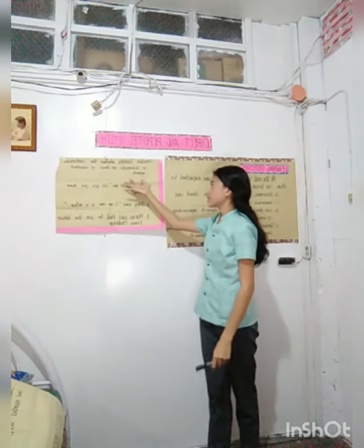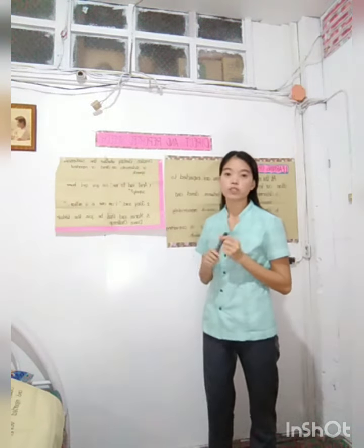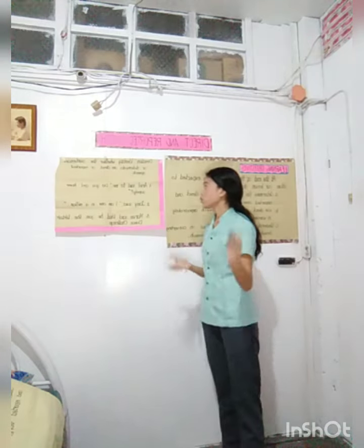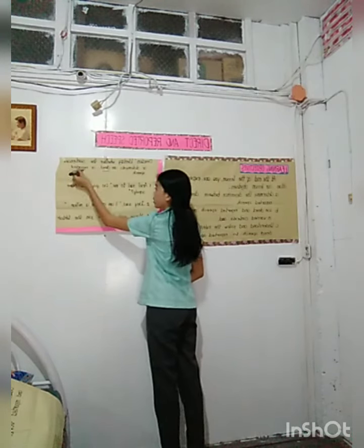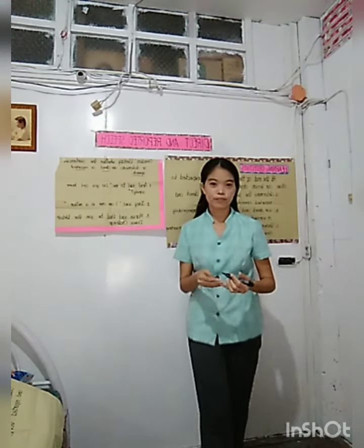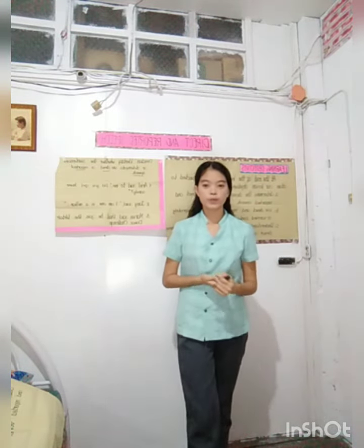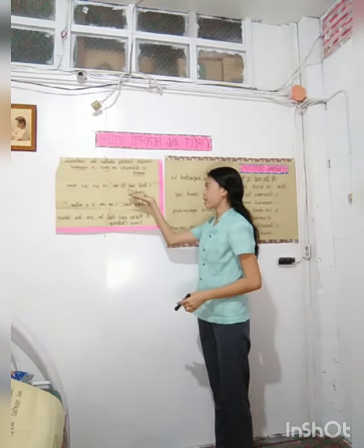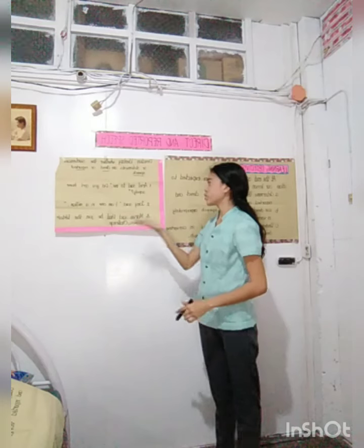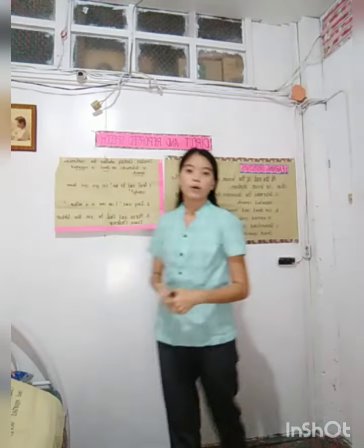Okay. The direction is identify whether the statements are direct or reported speech. All you have to do is to analyze the sentences. For number 1, we have Ariel said to me, "Did you get home safely?" Is this a direct or reported speech? Okay, very good.